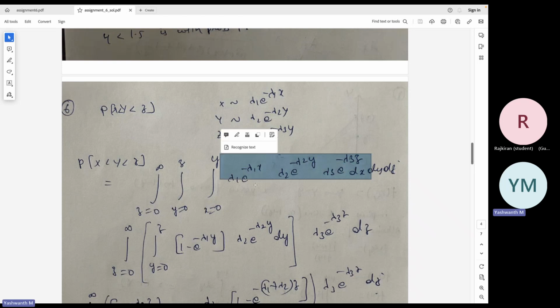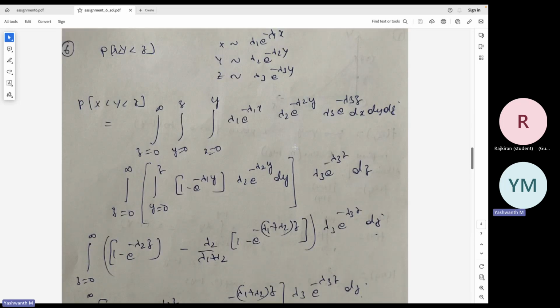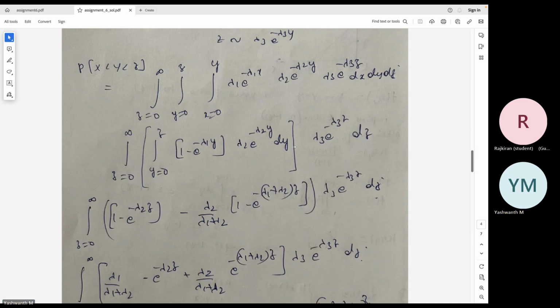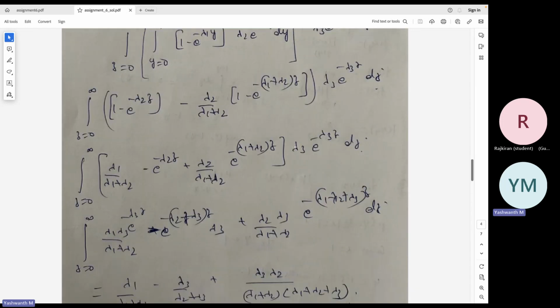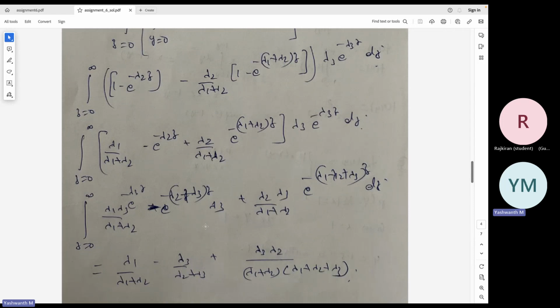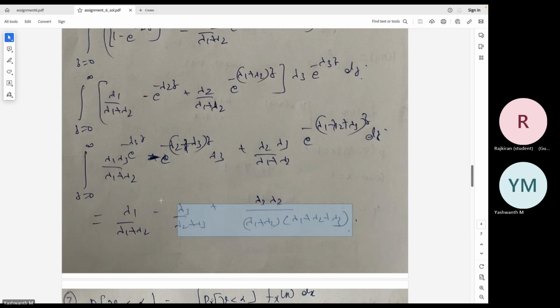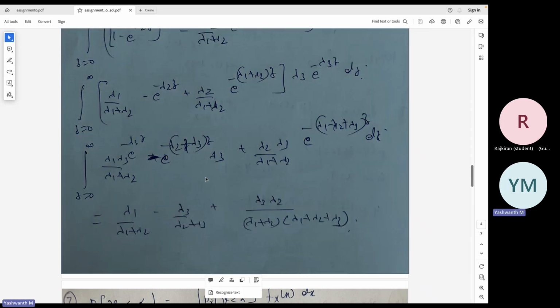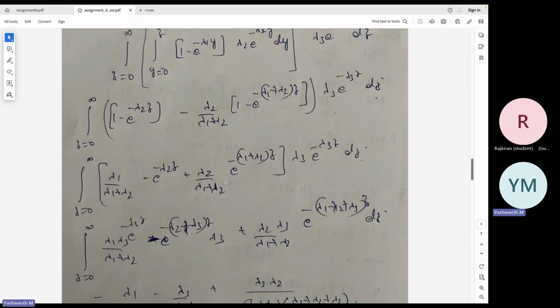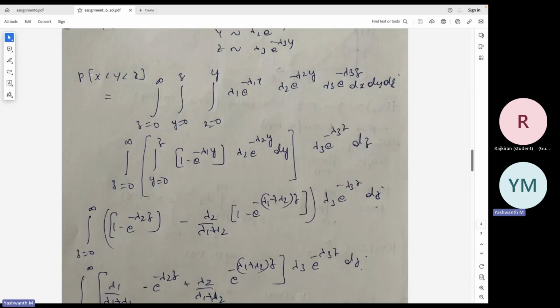You substitute the densities, because they are independent, so it's a multiplication for the joint density. Then you just need to do some algebra and you end up with this expression. I did not simplify it completely, but I left it at this point. The main thing is you should be able to write this.